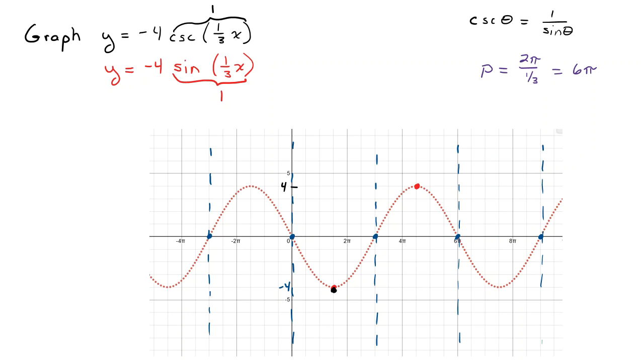What would the output of sine 1/3 x have to be in order for the output to be 4? Well, if I'm multiplying by -4, this is going to have to be -1. Now I know the reciprocal of that is also -1, and I multiply that by the -4, and I also get 4. So this is a common point.